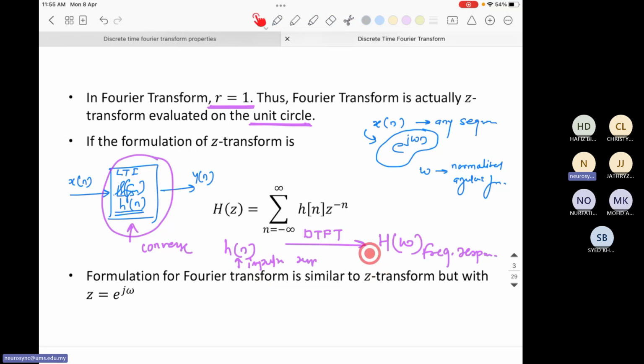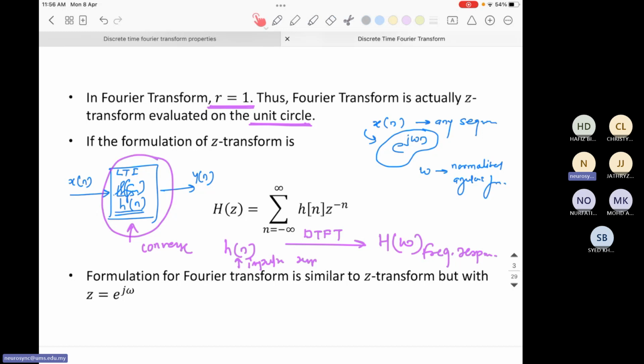Now this H of omega is like the projection of this sequence h of n on e to the power j omega.